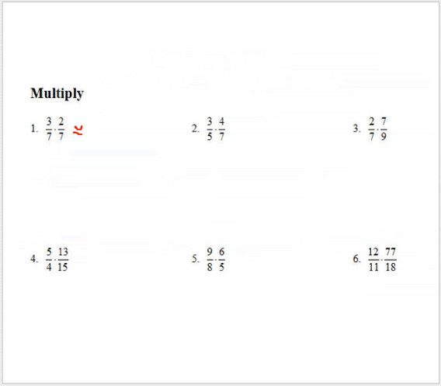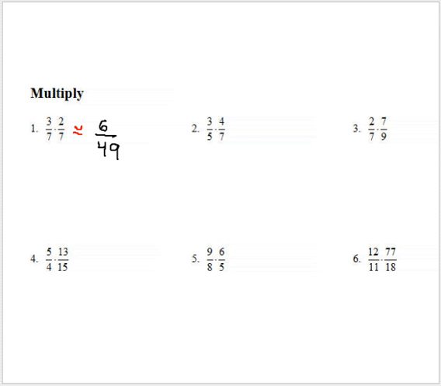If everybody agrees with this, please put a check mark next to your name. Six over 49. Looks like we cannot reduce anything here, so we just have to multiply.